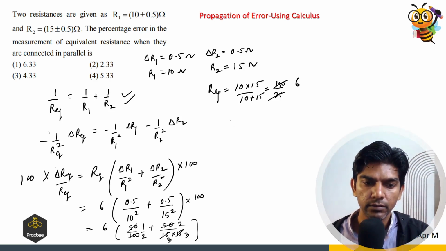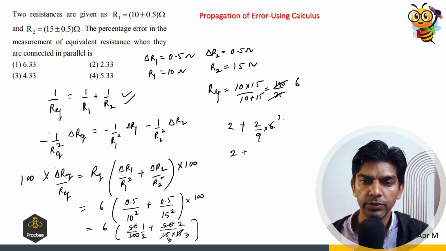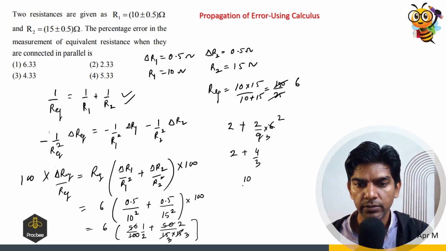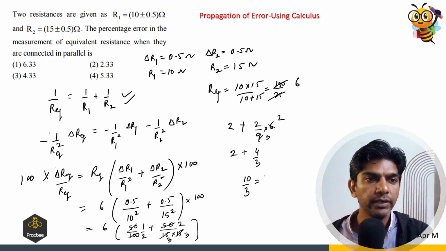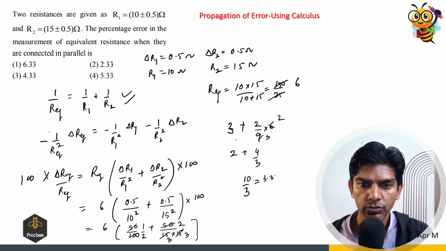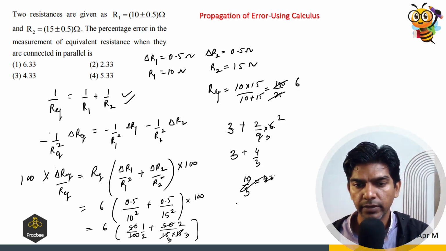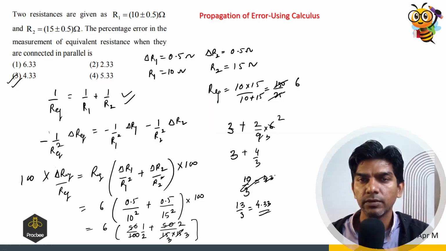So we will get 2 plus 2 by 9 times 6. So that will be 2 plus 4 by 3, and it will be 10 by 3, 3.33. Sorry, this should be 3, not 2. This should be 3. And this will give us 9 plus 4, that will be 13 by 3. So it comes out to be 4.33. So option 3 is the right answer.